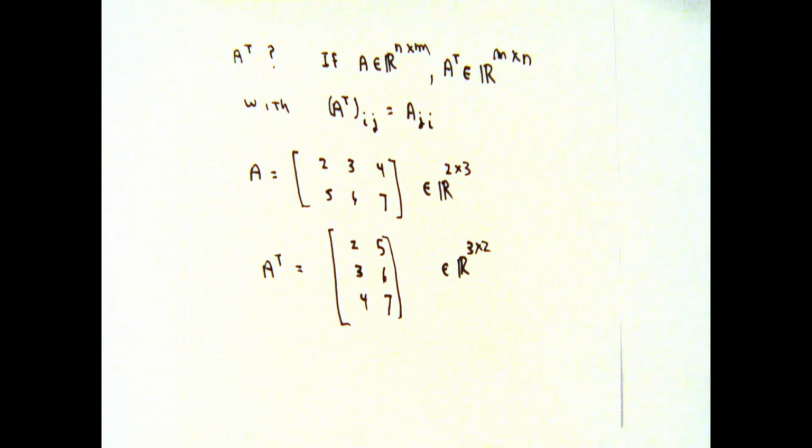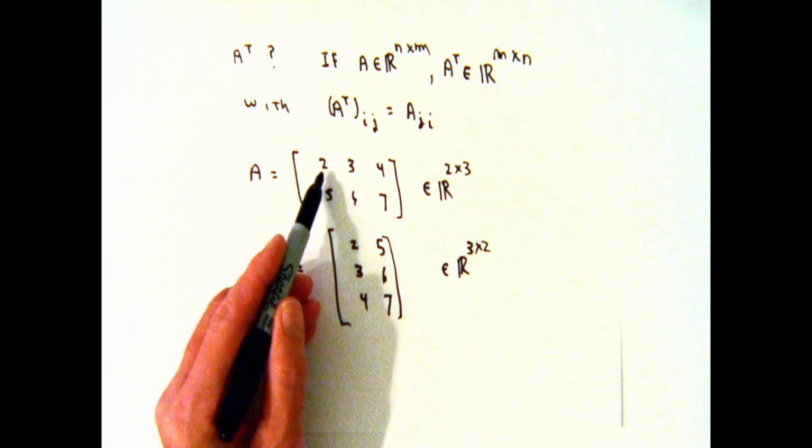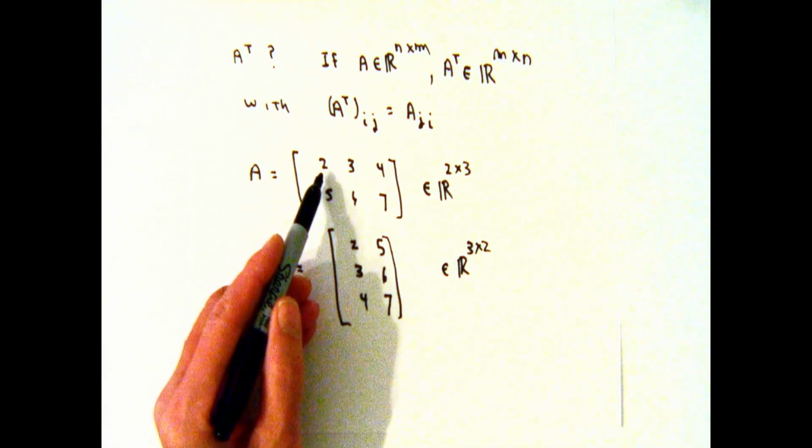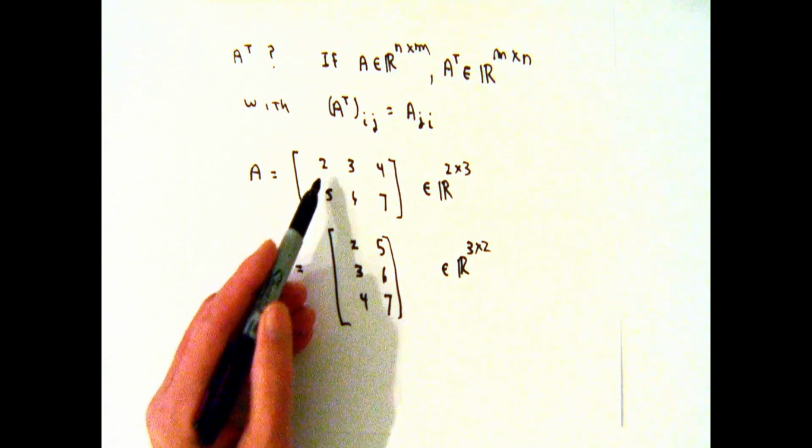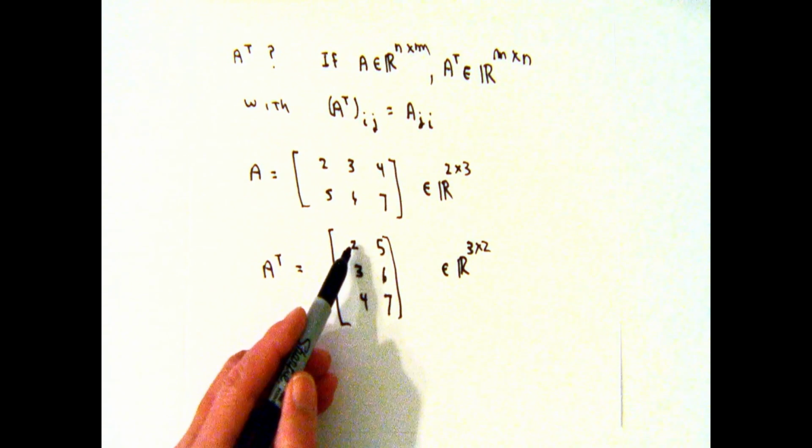What we'll do is we'll take every number that's in the A matrix and interchange its row and column indexes to get its position in the new one. So, for example, this has index 1, 1. If you interchange, you still have 1, 1. So I'll write that down here.